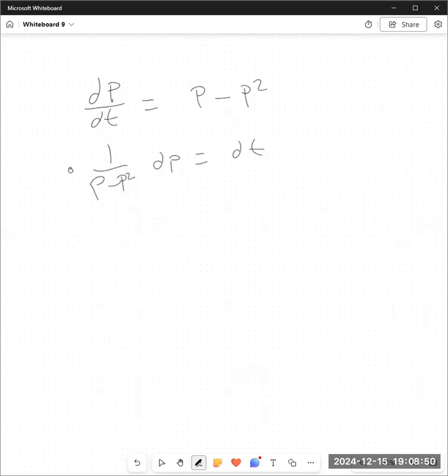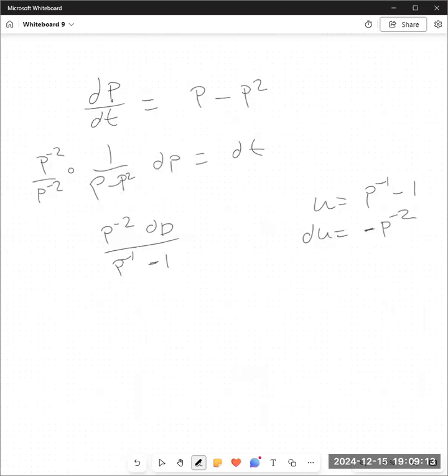I'm going to use the integrating factor of p to the negative second over p to the negative second, and I get p to the negative second dp is equal to p to the negative first minus 1, and I'm going to let u be equal to p to the negative first minus 1, where du is a negative p to the negative second. I'm going to cancel that negative and negative, which is equal to dt.